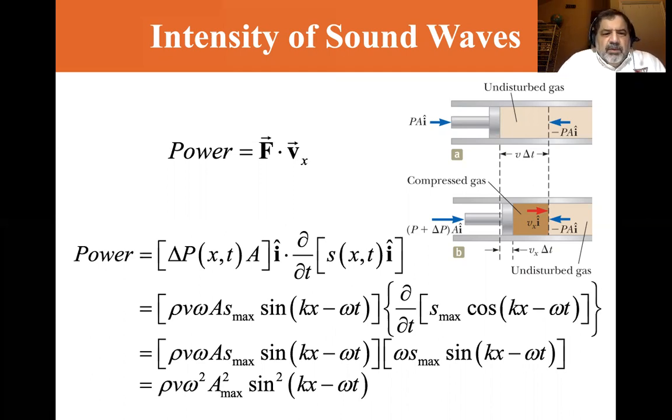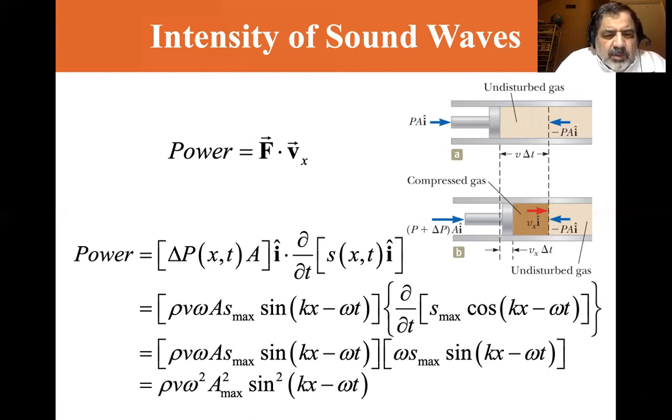Okay, so the power is equal to the change in pressure as a function of x and t times the area, dotted with the partial of s(x,t) in the i direction, partial of t. So P V omega area times s.